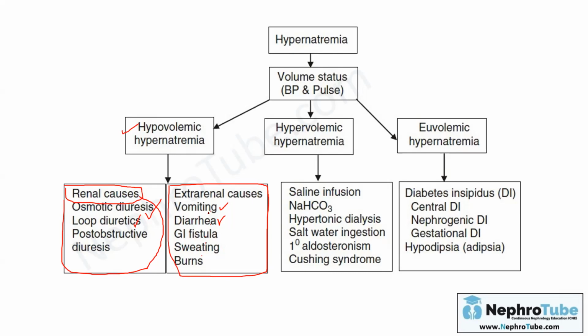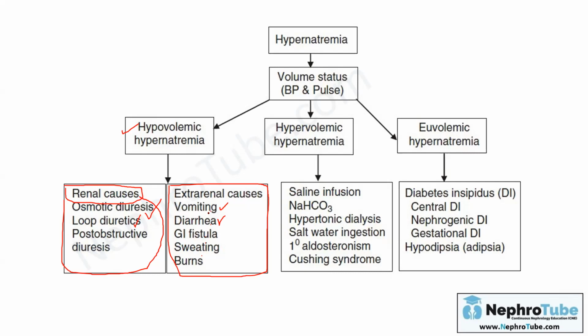If the patient is losing water, in vomiting, diarrhea, osmotic diuresis, loop diuretics, yes, it is hypotonic. The patient is also losing salt in this water, especially in osmotic diuresis and loop diuretics. So if the patient is losing water and he is drinking pure water at the same time, this will cause hyponatremia.